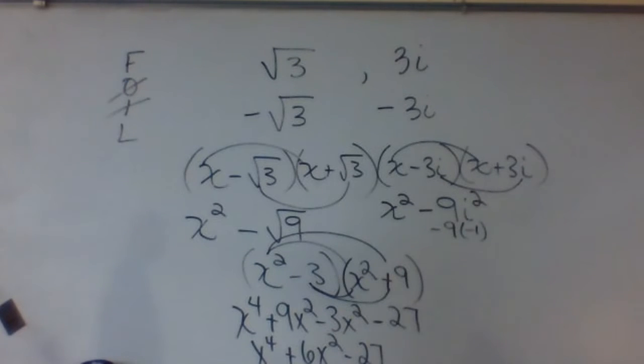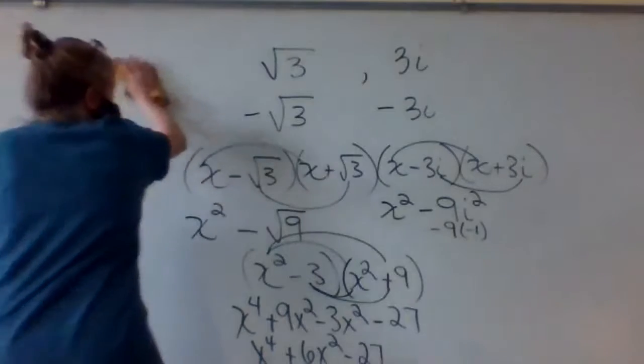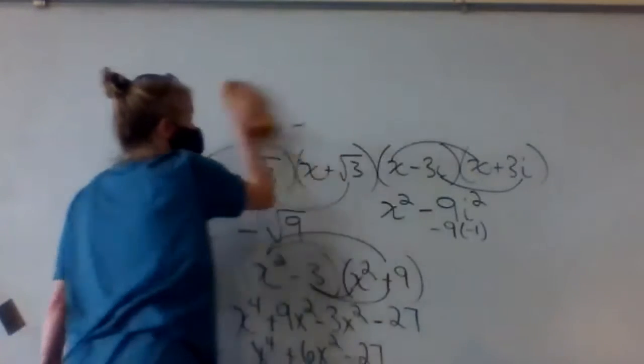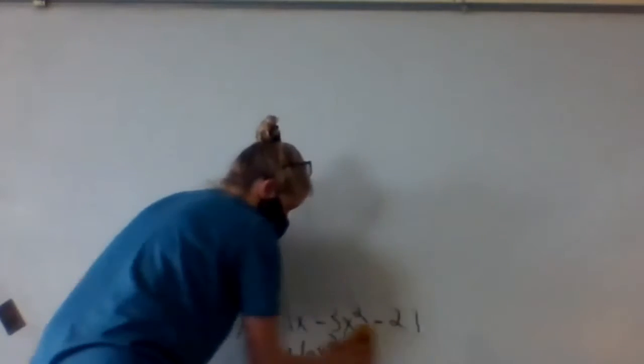All right. Number 12. All right, this starts something a little different. The polynomial function has the given zero. Find the other zeros. So let's see.